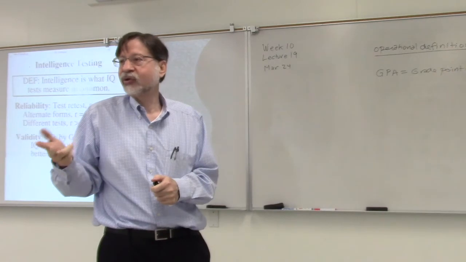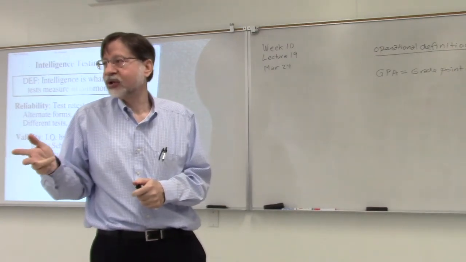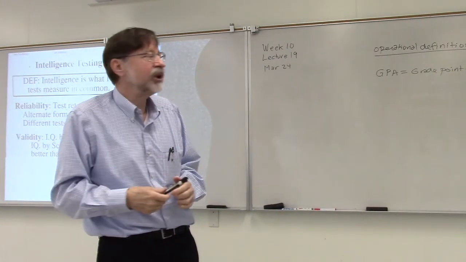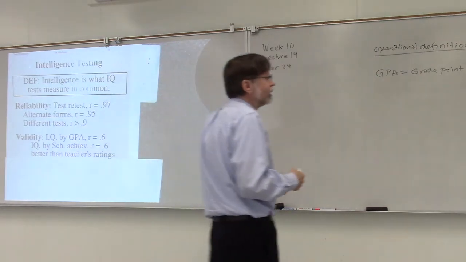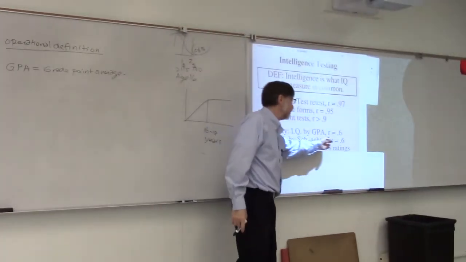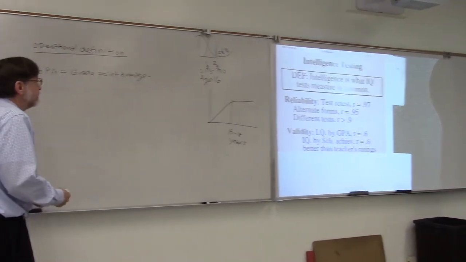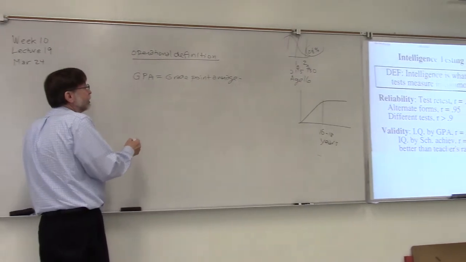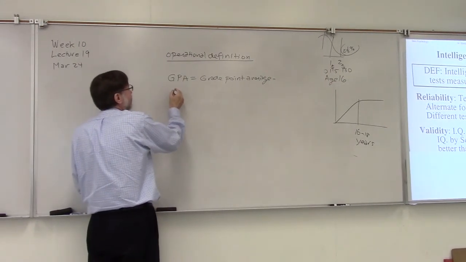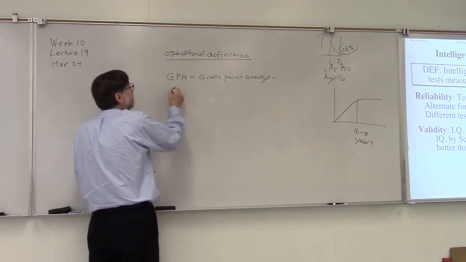So it's not necessarily a measure strictly of academic achievement, but it's supposed to be something like that. And the correlation between the IQ test and grade point average is about 0.6. Another way to measure success in school is by means of standardized scholastic achievement tests.